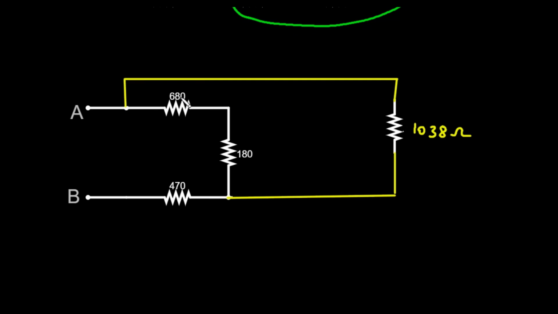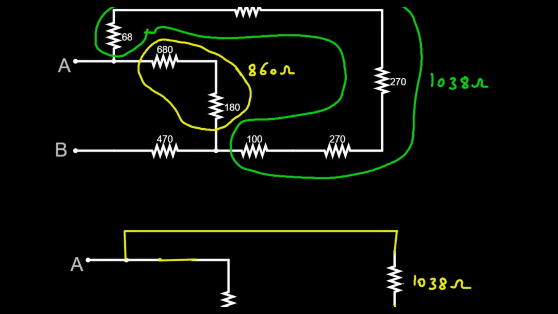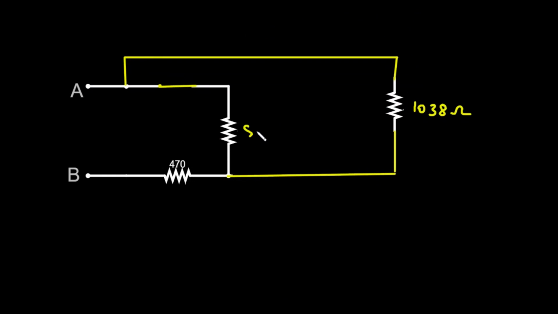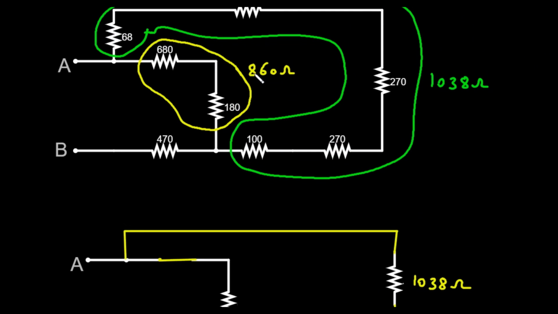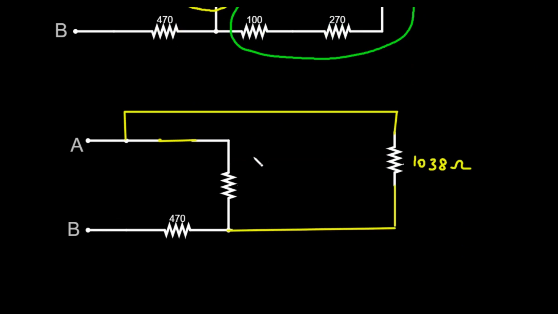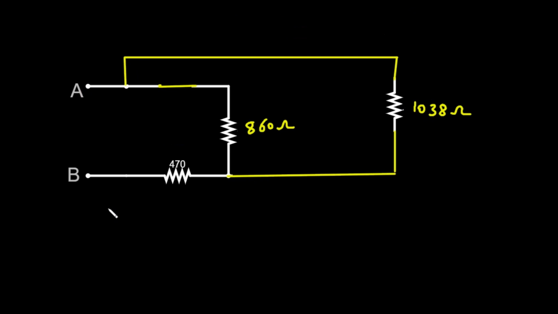Now here also we can replace these two resistances with a single resistance value. So it will be 680 ohm. Not 680, it is 860 ohm. So 860 ohm. Now here we can clearly see this 860 and this 1038 are connected in parallel.